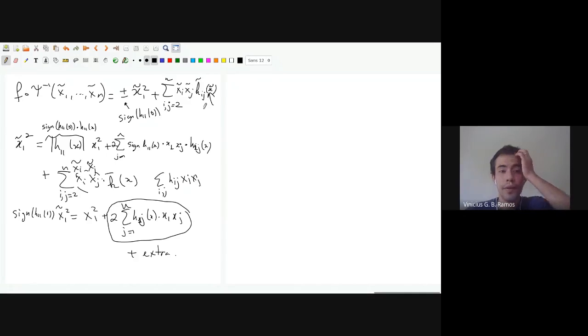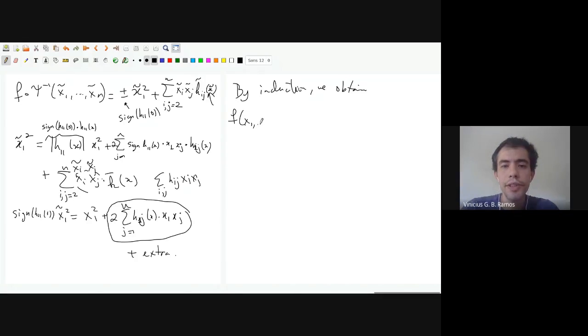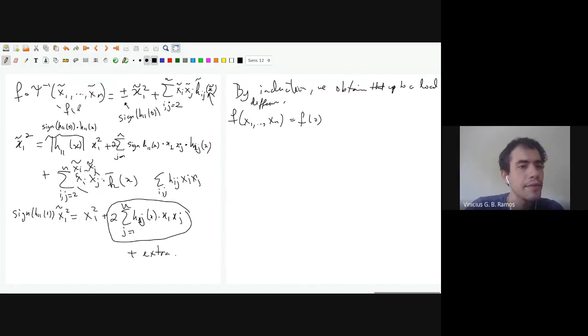Okay, and then by induction, we obtain that f, in some chart, or up to a local diffeomorphism, has the form f of 0 (I forgot the f of 0) plus or minus x1 squared, plus or minus x2 squared, etc., plus or minus xn squared.